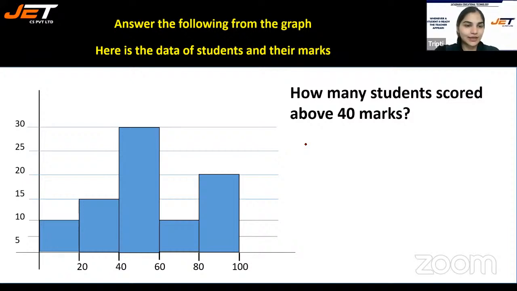So how many scored above 40? The ones who are between 40 to 60, 60 to 80, and 80 to 100. Between 40 to 60, there are 30, 60 to 80 is 10, 80 to 100 is 20.